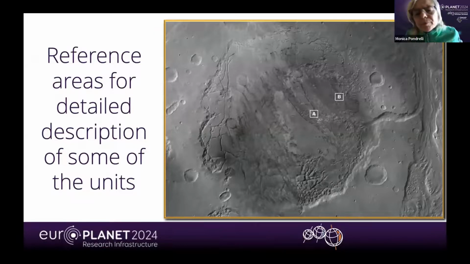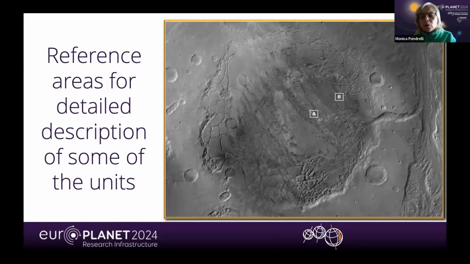Now, I was very fast in the description of this unit. We can have a look when we will be in the single groups, with more time, with more calm.